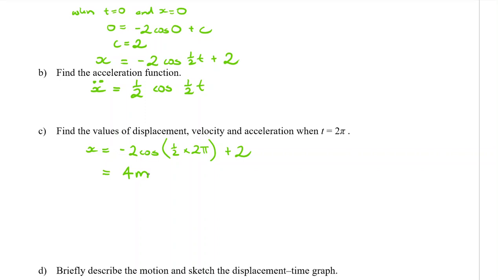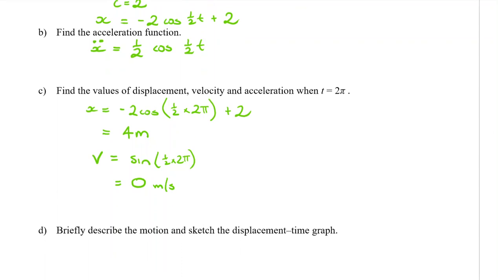Then we want the velocity at 2 pi. My velocity equation was the original one in the question. It was sine of half t, so it'll be sine of half times 2 pi, so half and 2 cancel out, so just sine pi. Sine of pi is 0 meters per second.